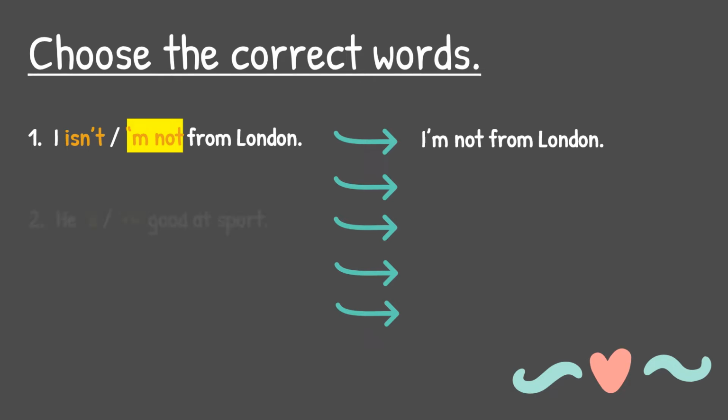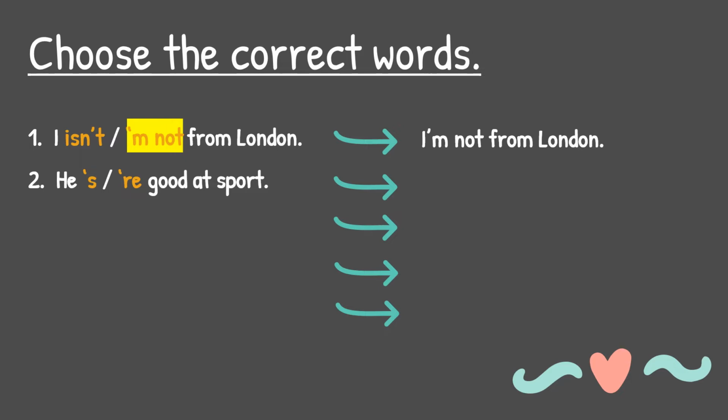Okay, now look at number 2. He's or are good at sport. What's the answer? We use is for singular. We use are for plural. Remember that.